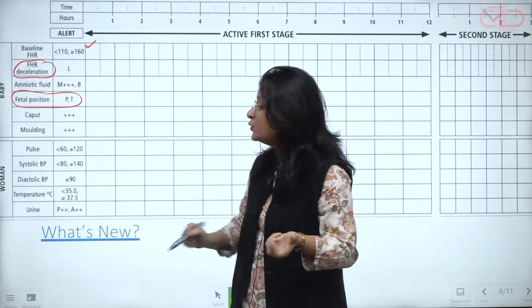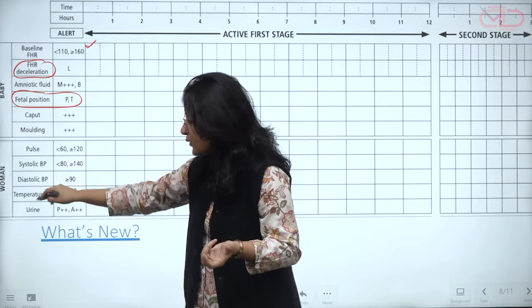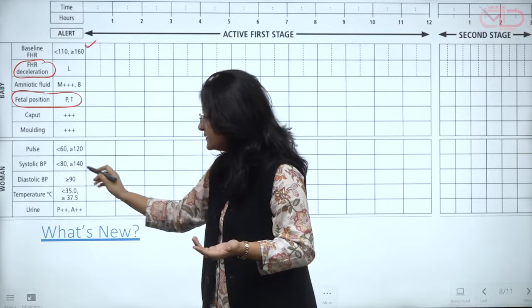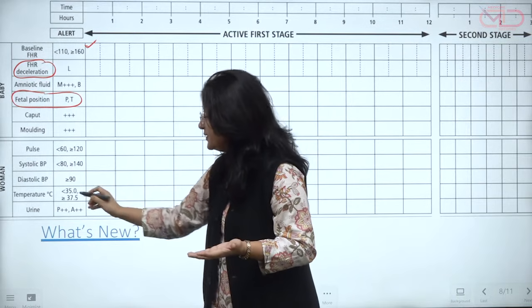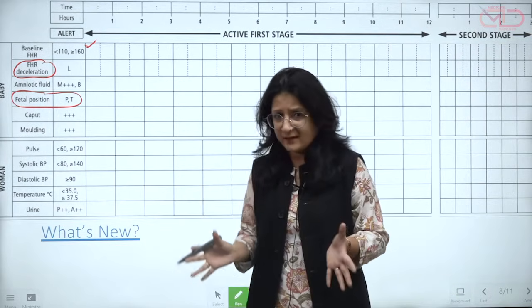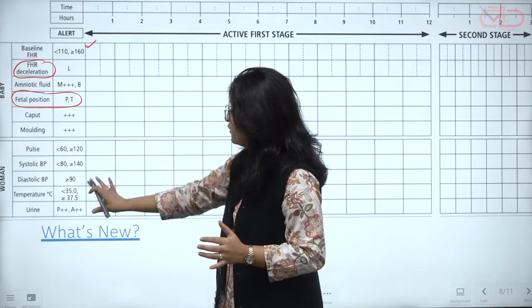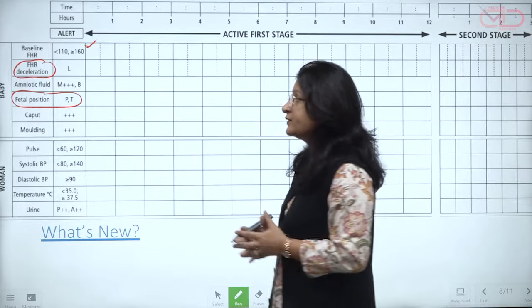So that's something new. If you look at the characteristics of the women that are noted during the course of labor, yes, you have to note the pulse rate, the BP, the diastolic BP, systolic BP, the temperature and urine. So that's there earlier also. But now clear-cut documentation of these records has to be noted over a period of time.